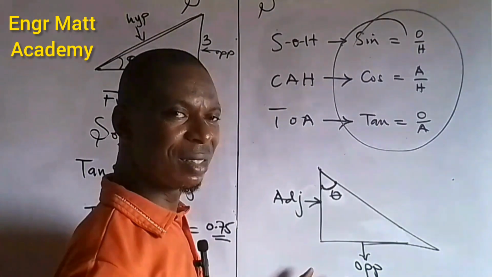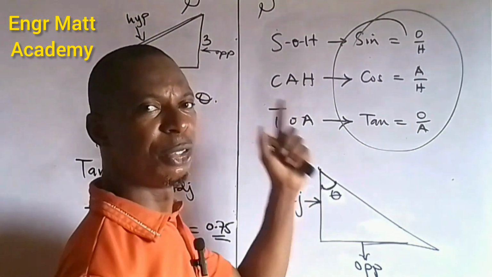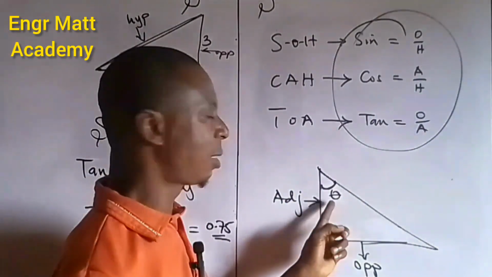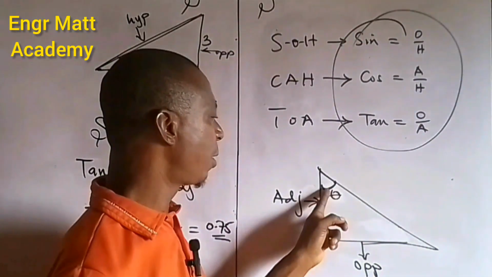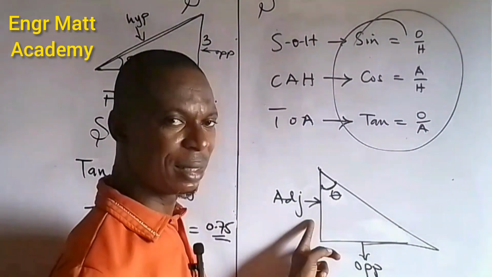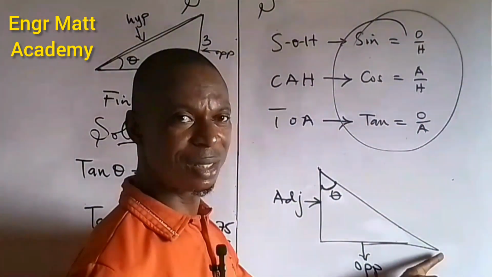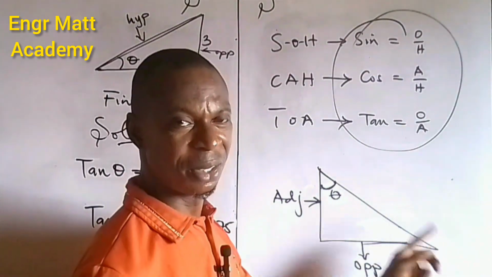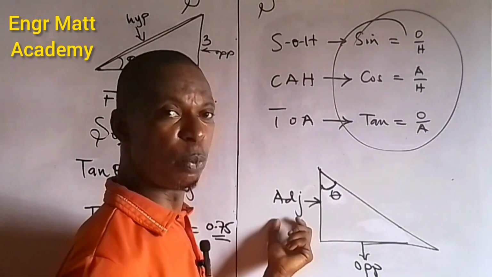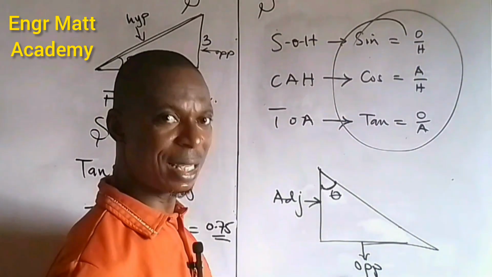Once you get this right, you are safe with trigonometry. So the trick is, first locate theta. If theta is here, this is your opposite, and this side becomes the adjacent. The hypotenuse is always known because it is the longest side. But once theta changes position, this side becomes the opposite, and this side becomes the adjacent.